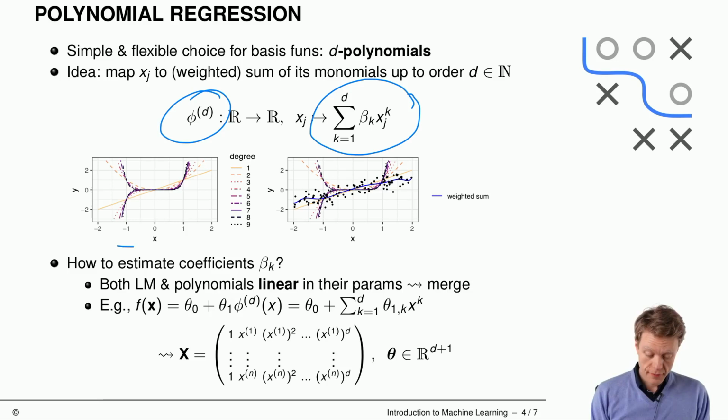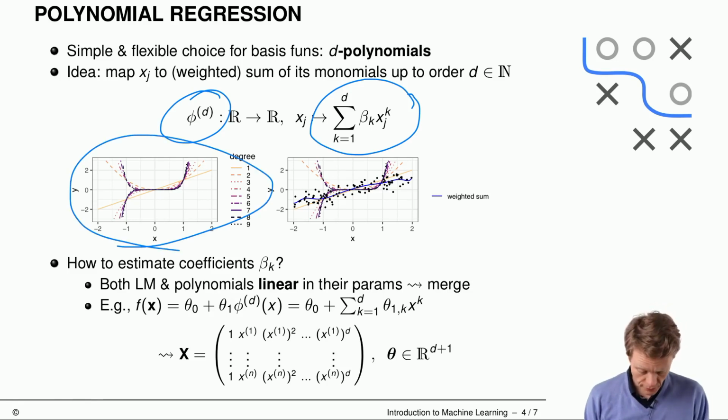Here on the left hand side you see a plot of y and x and you have the different degrees of monomials here, and on the right hand side you also see again exactly those monomials, but you also see some data points and a weighted sum of those monomials, and this weighted sum is already with the estimated parameters.